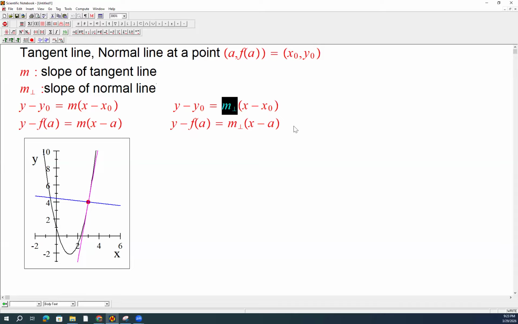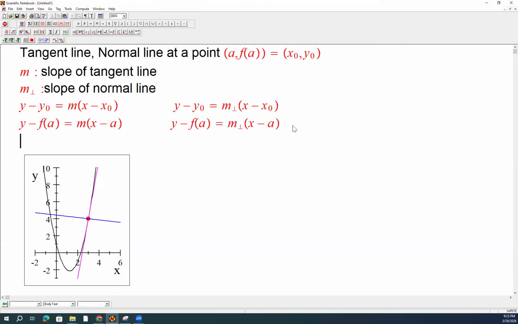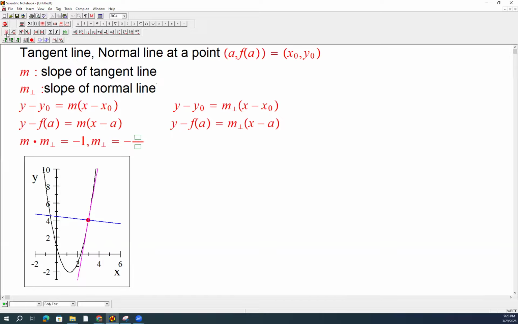Then what's the relationship between the slope of the tangent line and the slope of the normal line? If we multiply these two, it equals -1. That is to say, the slope of the normal line is the negative reciprocal of the slope of the tangent line.